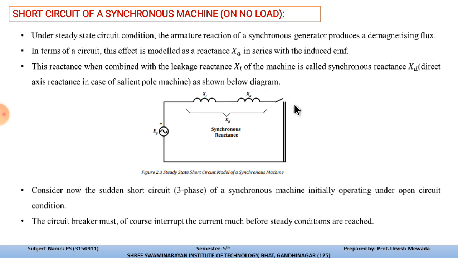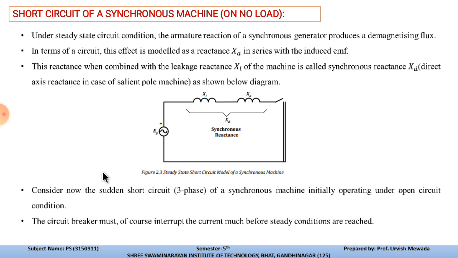This is the switch indicating open circuit, and XL is the leakage reactance of the synchronous machine, and XA is the armature reactance. The resultant of these two is the synchronous reactance, which is connected with the generator having the generated EMF EG. This is the steady state short circuit model of a synchronous machine.